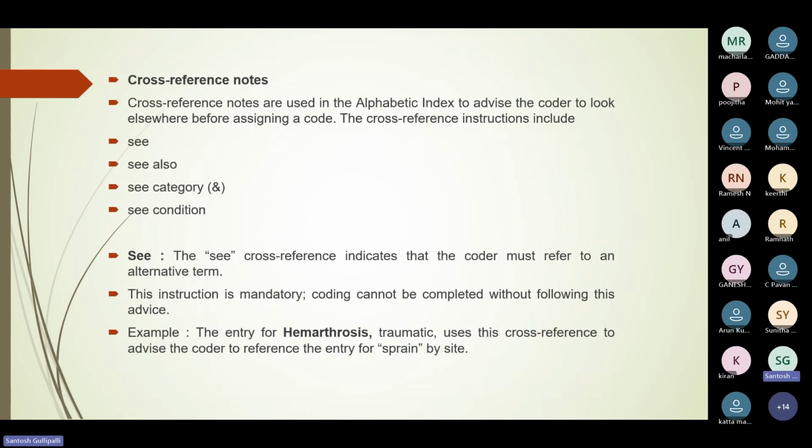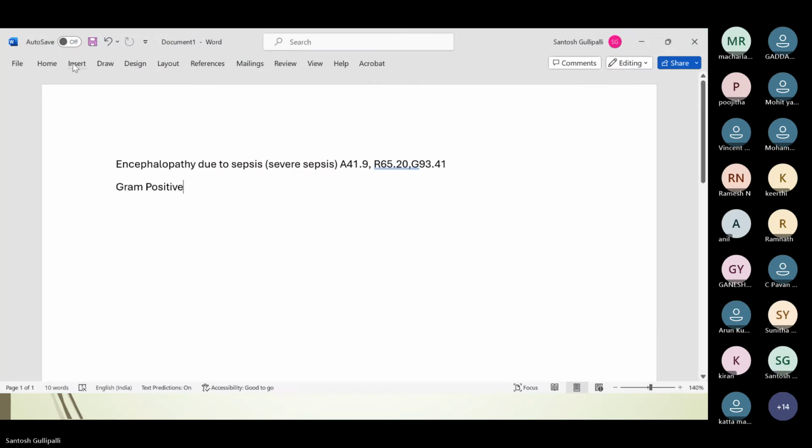So next, cross reference notes: see also, see category. See also, see category means, for example, coronary artery disease. What is the main term?